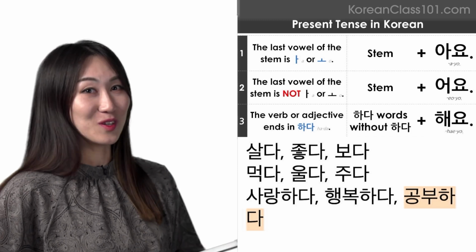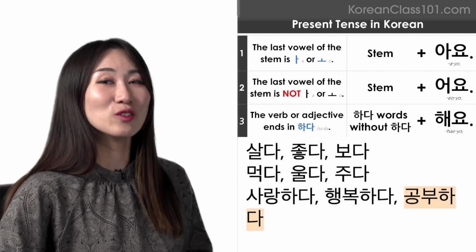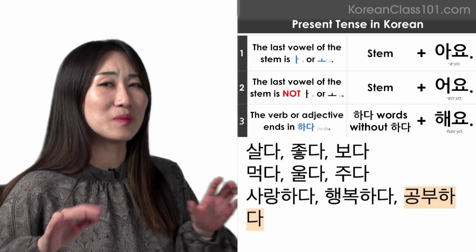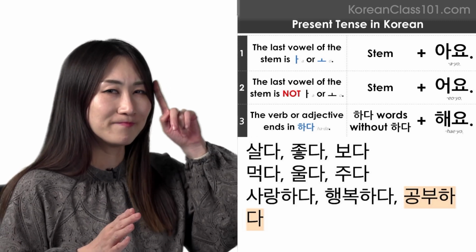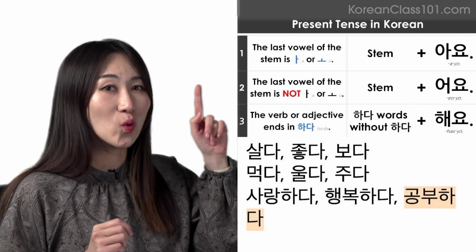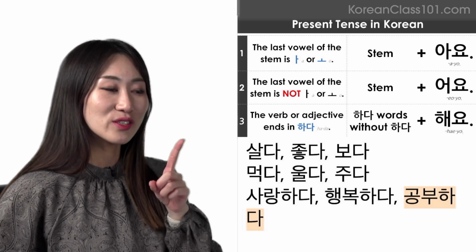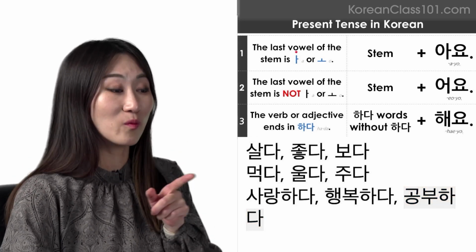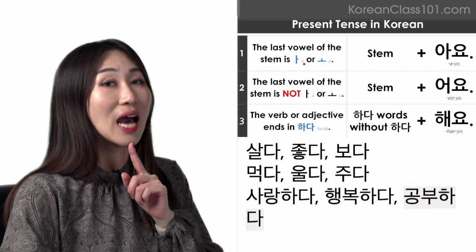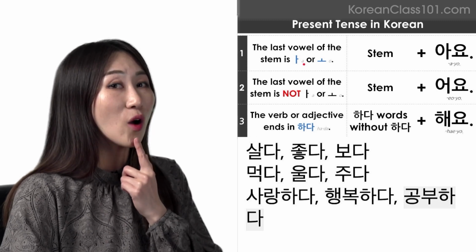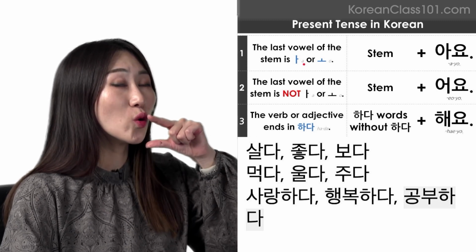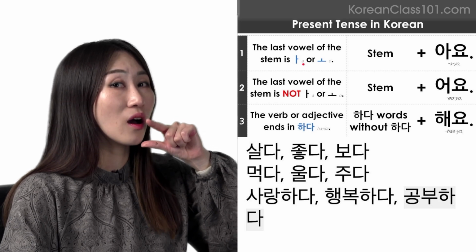And it's not very difficult, right? I know it can be complicated at the beginning because you need to think, does it include 아 or 오? But actually, here's a trick. If the last vowel of the stem includes 아 or 오, your jaw is already opened.